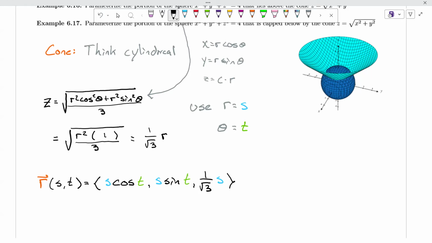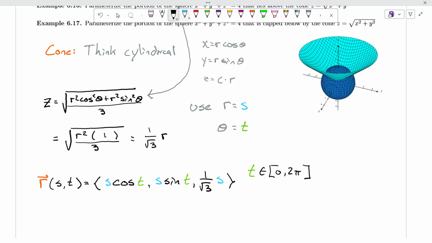So you might think that at that point you're done, but not quite, sadly. Don't forget that all of our parameterizations for surfaces require bounds on our parameters. So we've got to say that t is stuck inside of some bounds. t is between 0 and 2 pi, since it is our stand-in for theta.